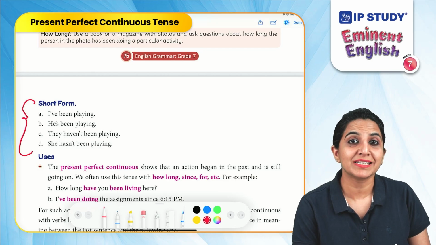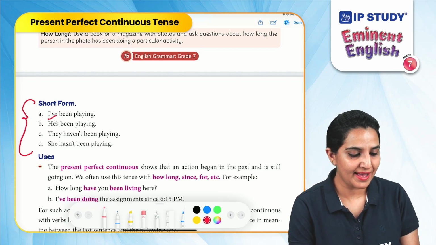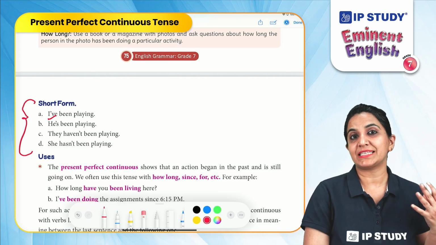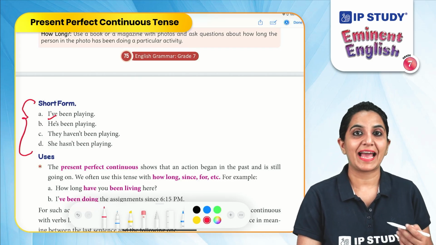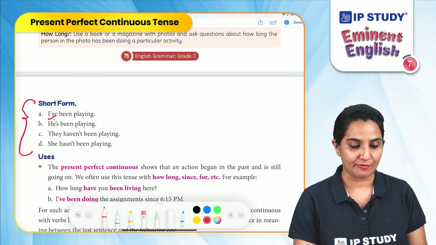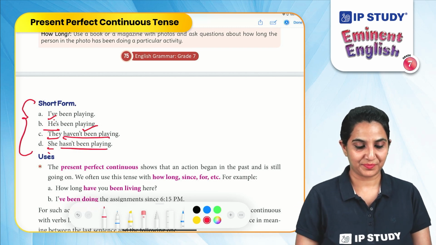Can you guess what it becomes? Very good. We simply eliminate the ha and put an apostrophe there and it becomes I've. He's been playing. They haven't been playing. She hasn't been playing.